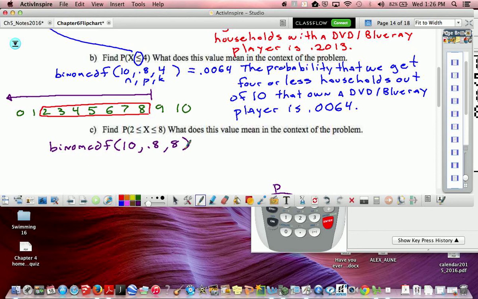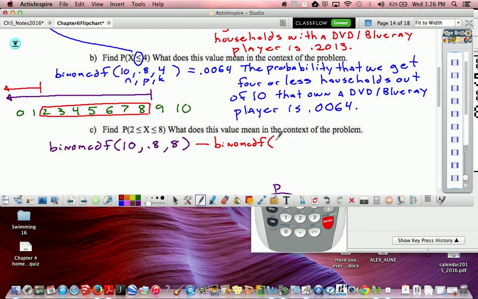Now, I do not want 1 and 0 to be included in my solution. So let's subtract those outcomes away. How would I use binomial CDF to represent those outcomes I want to remove?